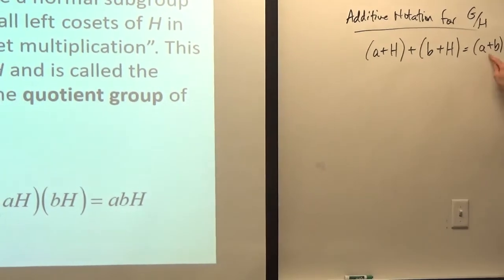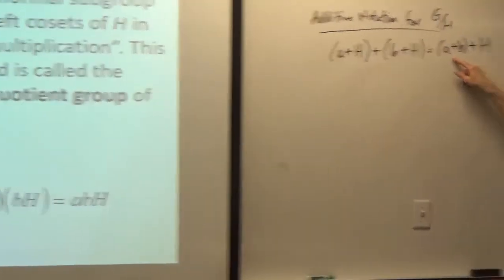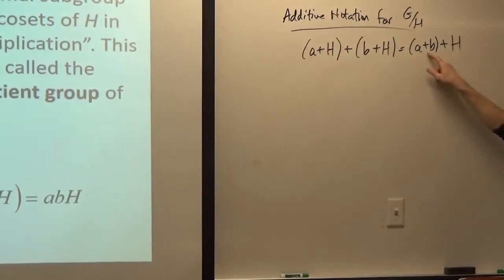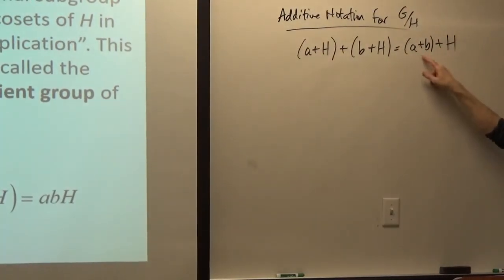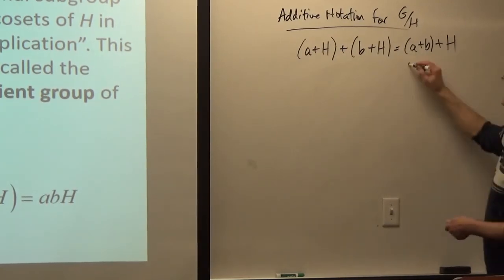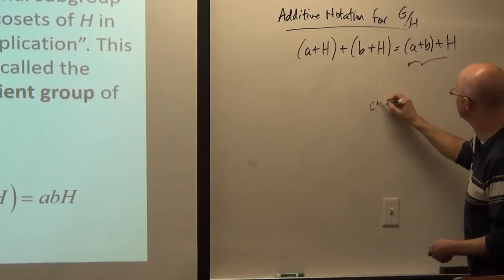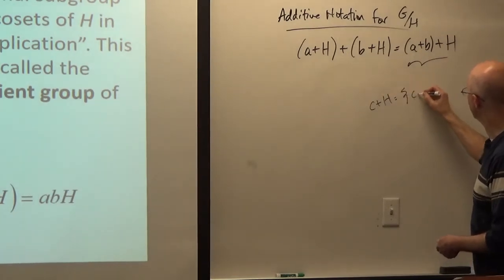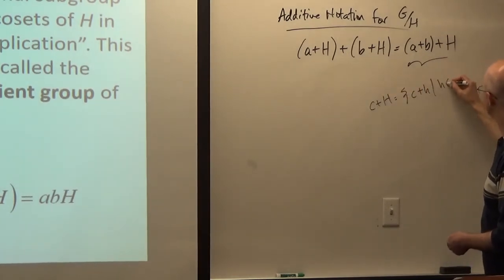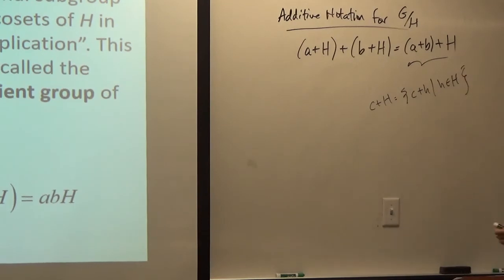Same thing here. This plus sign, when the group operation is addition, is the group operation. This plus is just notation. In general, c plus H is going to be the set of all elements of this form as little h ranges over capital H when your group operation is addition.